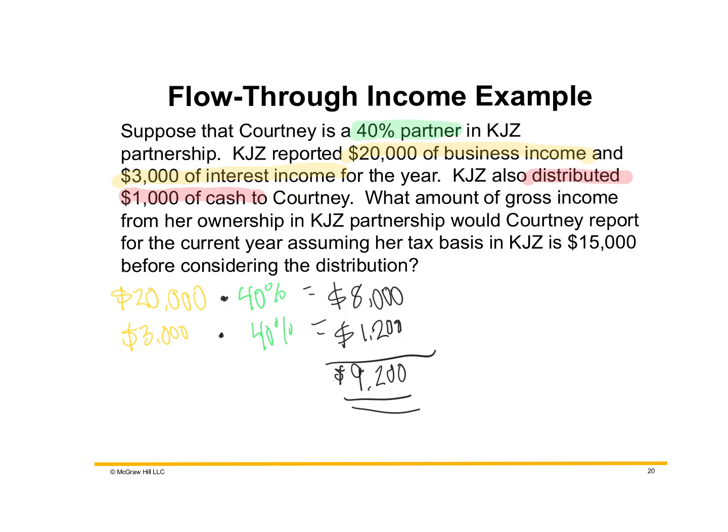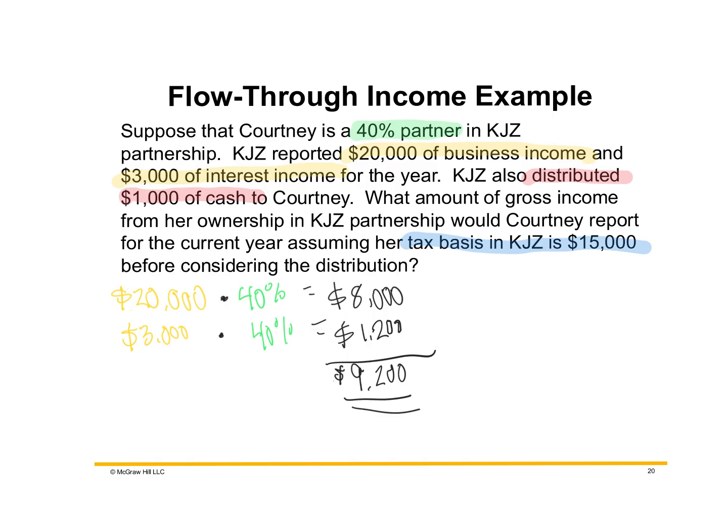Here it mentions that Courtney's tax basis is $15,000. When we talked earlier about tax basis, that is someone's cost or initial investment that they put into something.